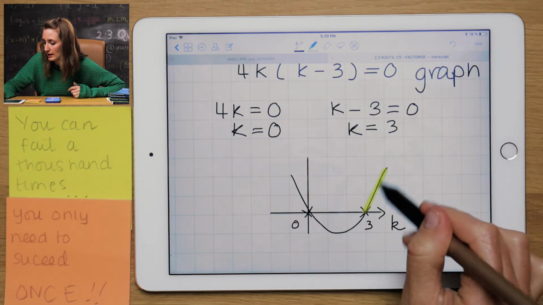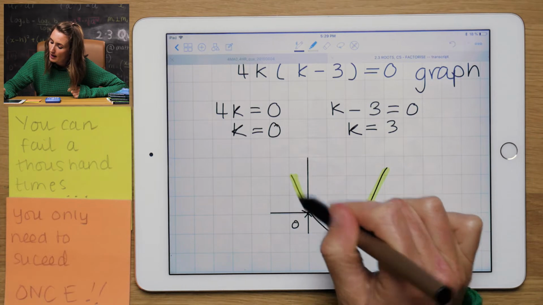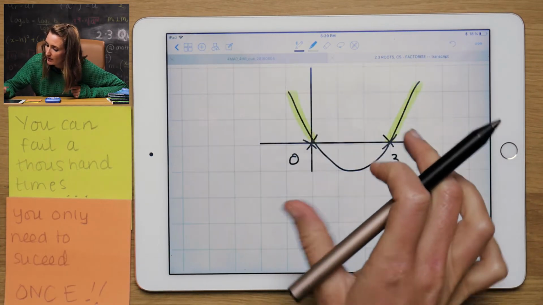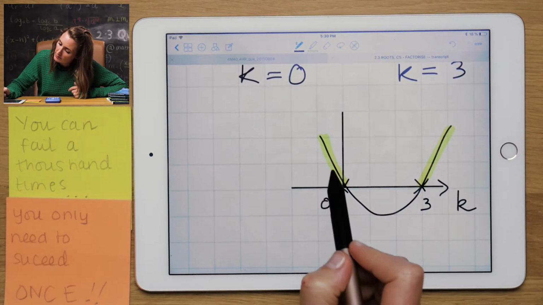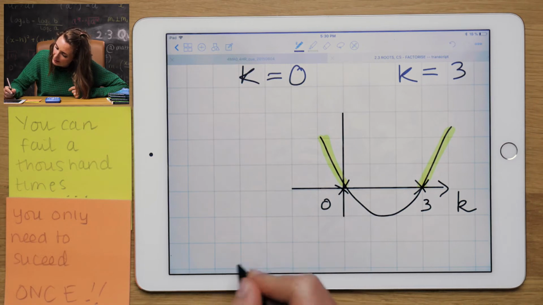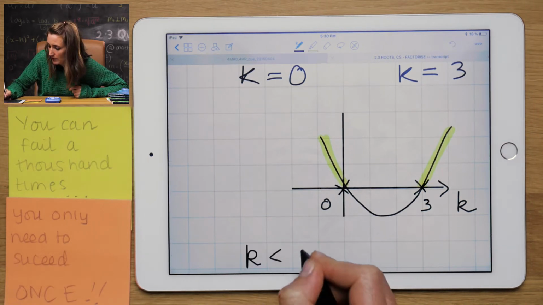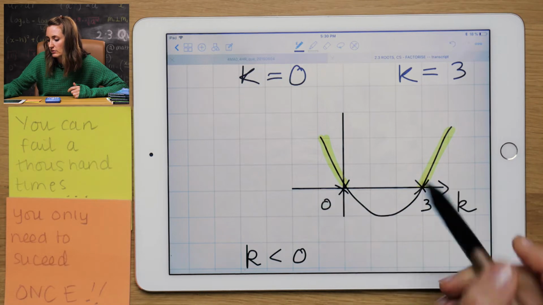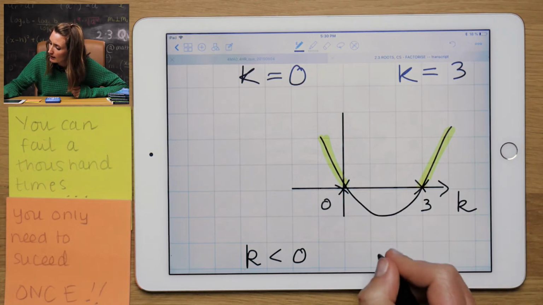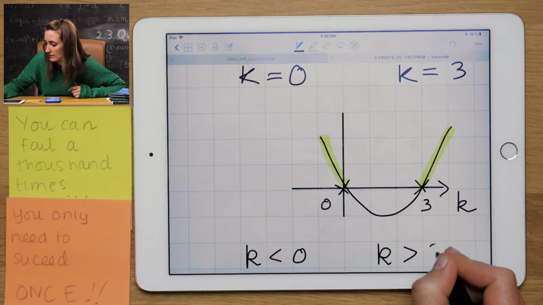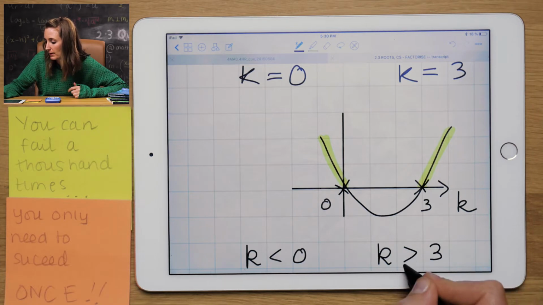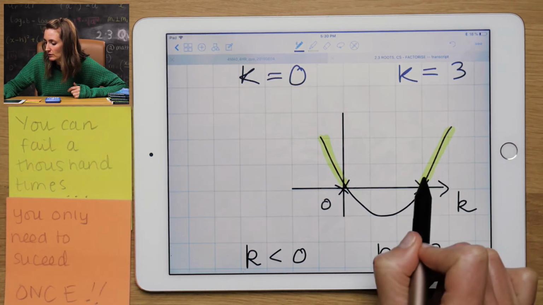So you're going to shade here and here. Now, that will give you two solutions. This solution will be k less than 0, because we're going to the left. And this one will be k bigger than 3, because this one's going to the right.